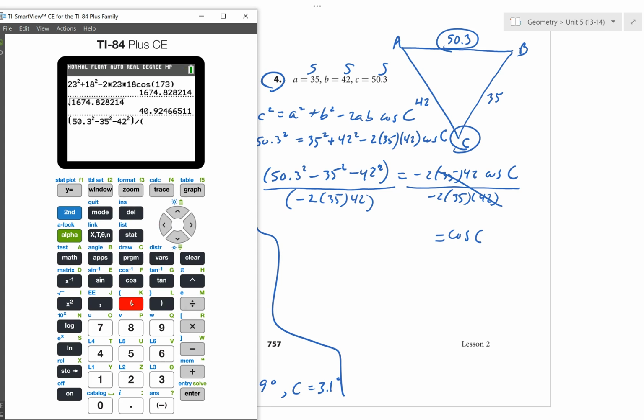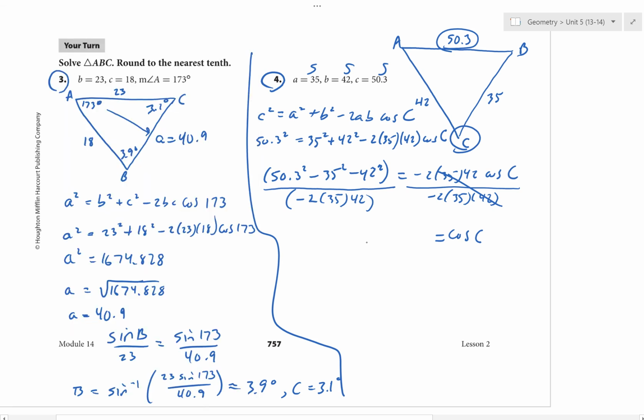And I'm going to have negative 2 times 35 times 42 in the denominator. Notice the entire top is in parentheses, the entire bottom is in parentheses. And so when I enter, I get 0.15609.